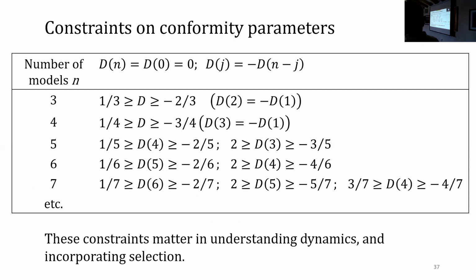So depending on how many models there are, you get a different set of constraints, where as you increase the number of models, you increase the number of parameters that you have to use to describe this model. So as you have a transition from copying very few individuals to copying very many, you need a much more complicated set of parameters to describe the evolution of conformity.